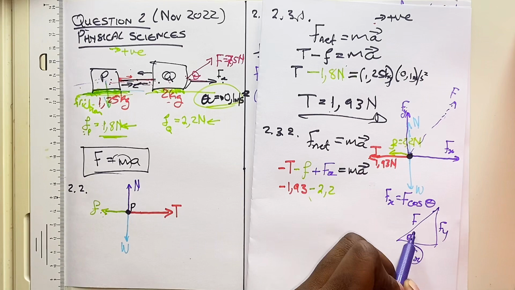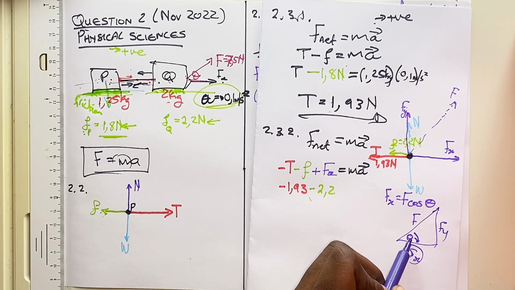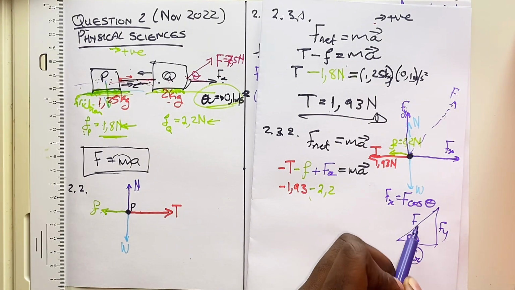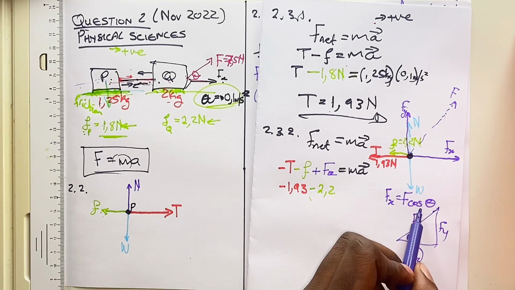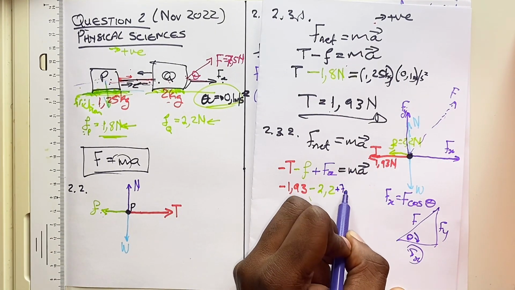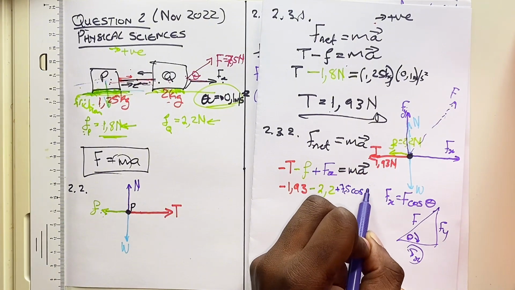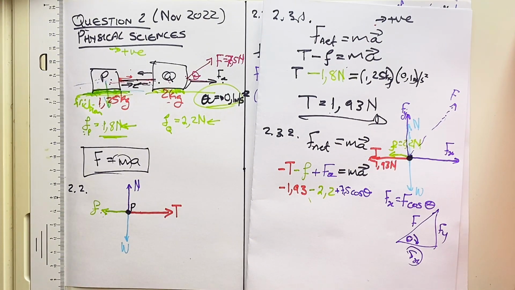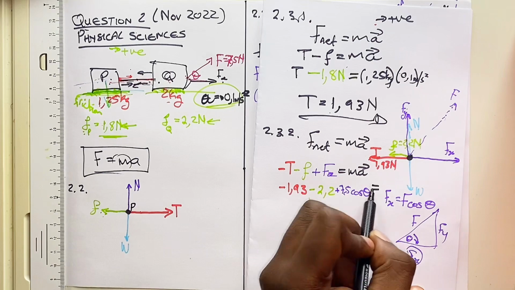To find the x component, which is adjacent, it will be a cosine. So we have F cos theta, and we know our F is 7.5 cos, we do not know theta. That is equal to ma.